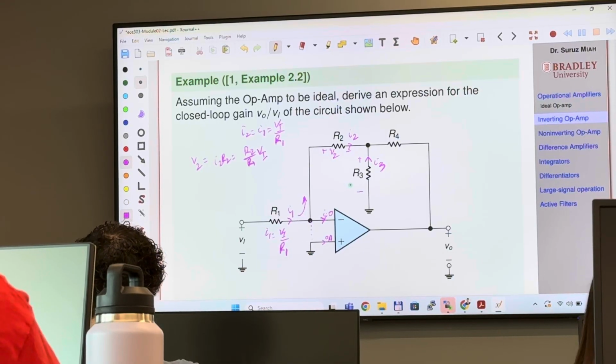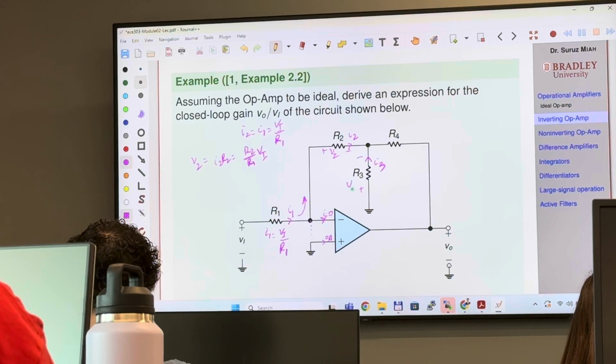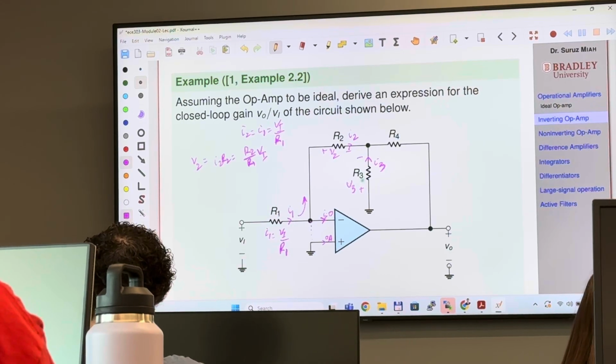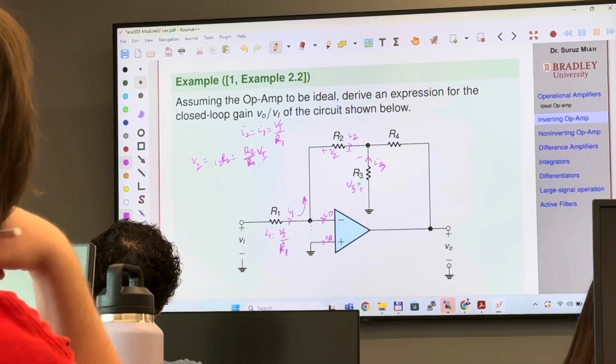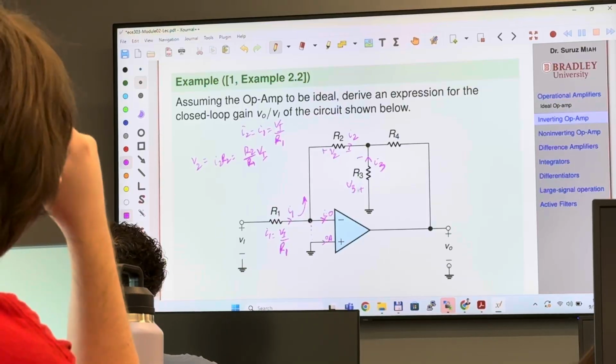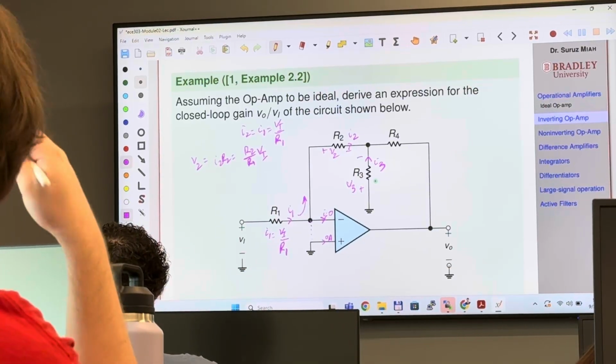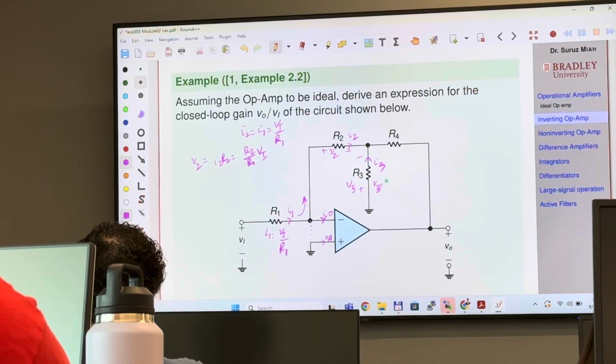The current is going this way, from this point to this point, which means the voltage difference has to be from here to here. So the voltage across R3 is V3, which is going to be I3 R3.